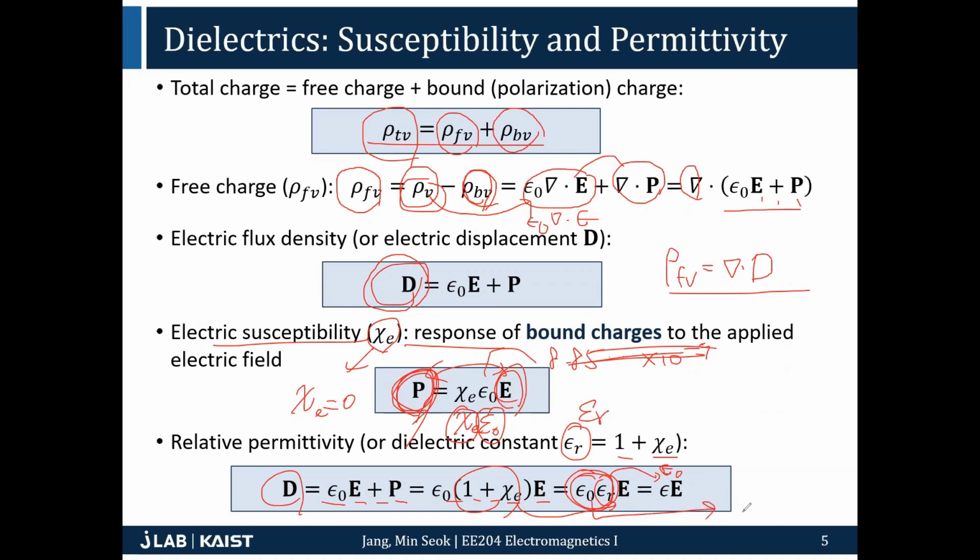In most of our lecture, 0 represents vacuum or free space, and if you write something without 0, that means it's about some material. It depends on the material.